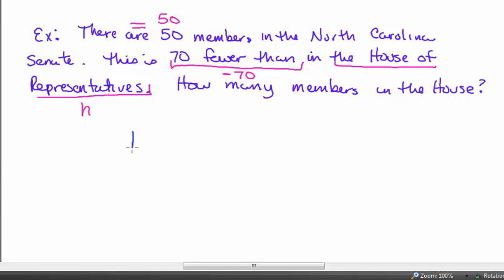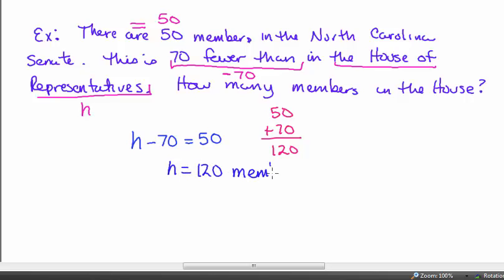So H minus 70 equals 50. And I just need to determine what number minus 70 equals 50. So I'm going to add 70 to 50. And I see that the number minus 70 that will equal 50 is 120 members in the House.